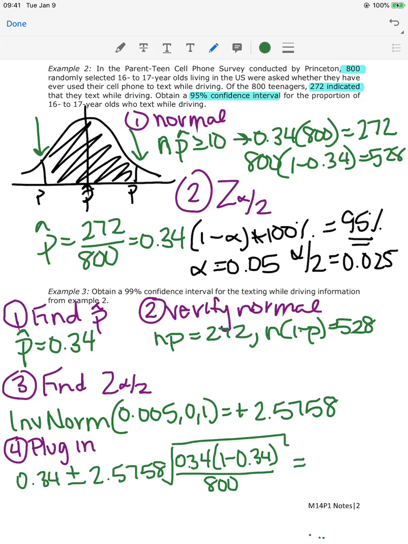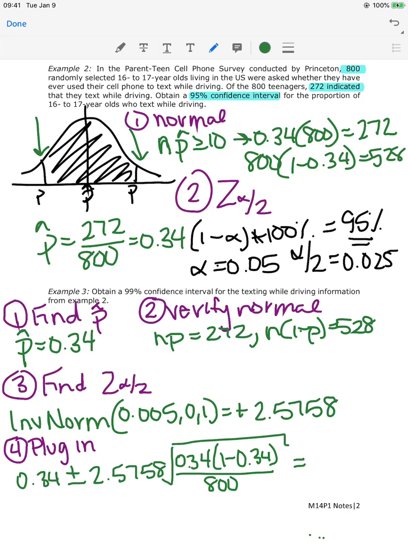This is going to give us our estimate for where the population proportion is between. And this is an interval that I'm even more confident in.